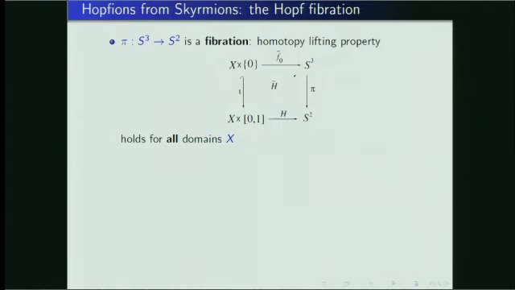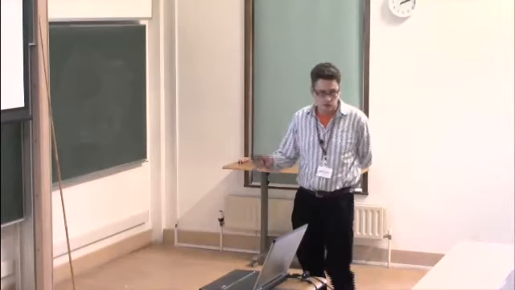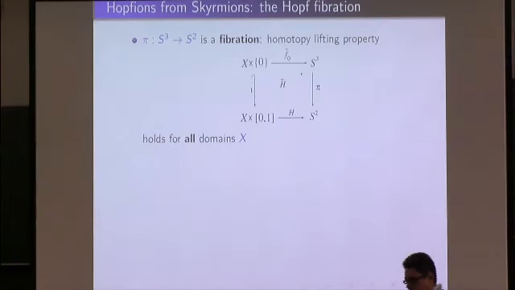from X to S2, and you have a lift of that map from X to S3, that's that up there, and you have a homotopy of this map from f0 to f1, then there exists a lift of the homotopy. In other words, you can complete this commutative diagram with this diagonal arrow, which you actually can't see very well. Okay? And this holds for all domains X. That's the definition of a fibration.